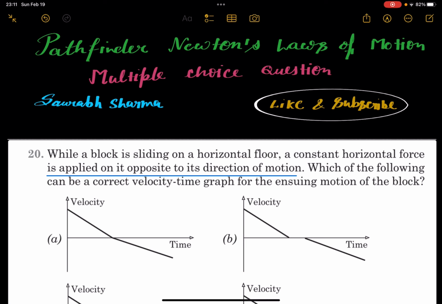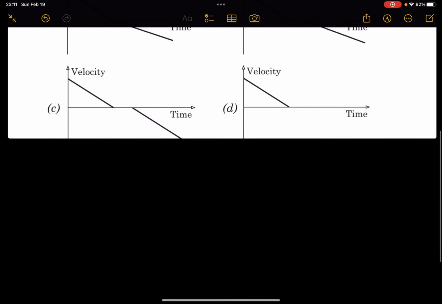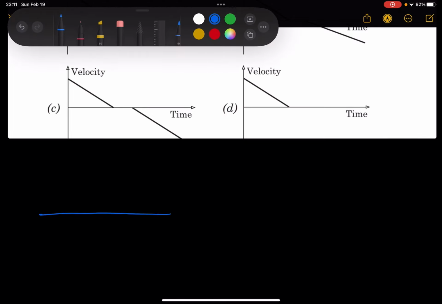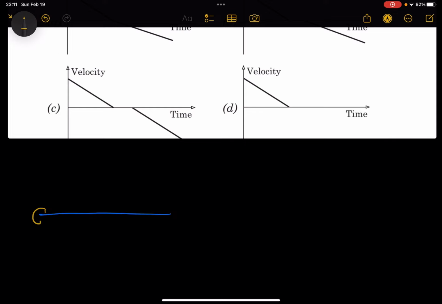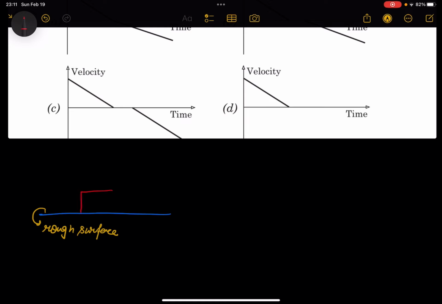Okay, so what is the situation given? One block is moving. Let's say this is a surface, and I consider this surface a rough surface. Then one block is placed here, and this block is moving with the speed of v in this direction.